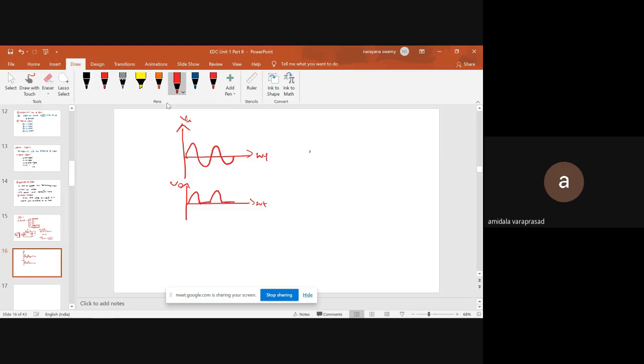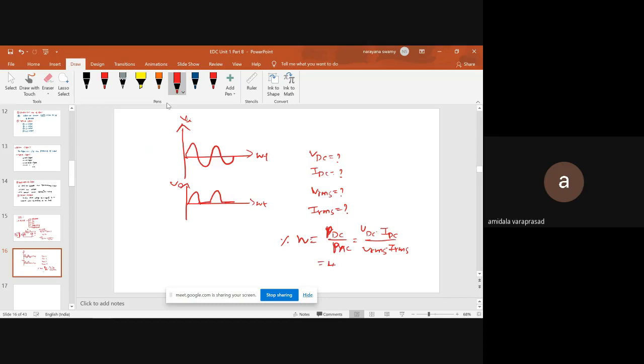For this, we will find out EDC, IDC, VRMS, IRMS. You can refer to my notes. And efficiency: find out efficiency, EDC by PAC, that is equal to VDC into IDC by VRMS into IRMS.